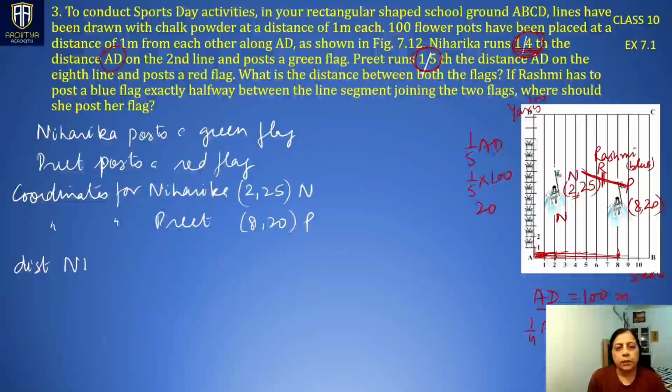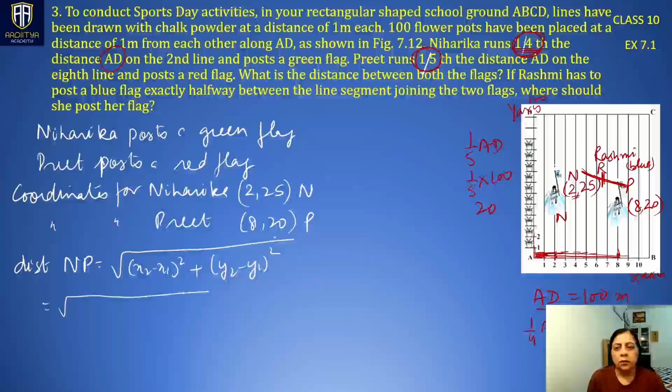Distance NP is, we apply the distance formula, which is the square root of x2 minus x1 whole square added to y2 minus y1 whole square. I had told you always consider the second one minus first one.